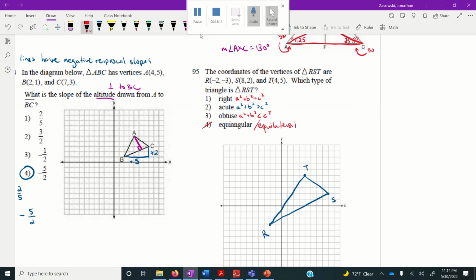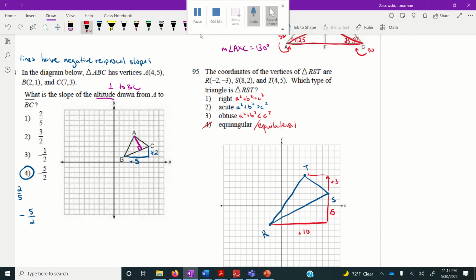Now, once again, we could just draw our lines over to get the rise over run. We can count 2, 4, 6, 8, 10. So going from -2 to 8 is 10. That's positive because we're moving to the right. And then we're going up 1, 2, 3, 4, 5. Positive again. We can also move up here, which is +3.